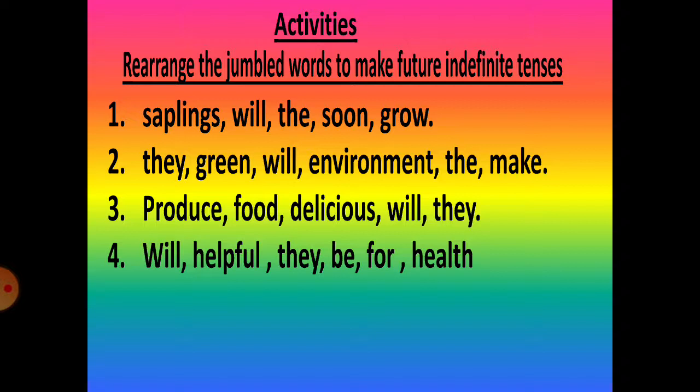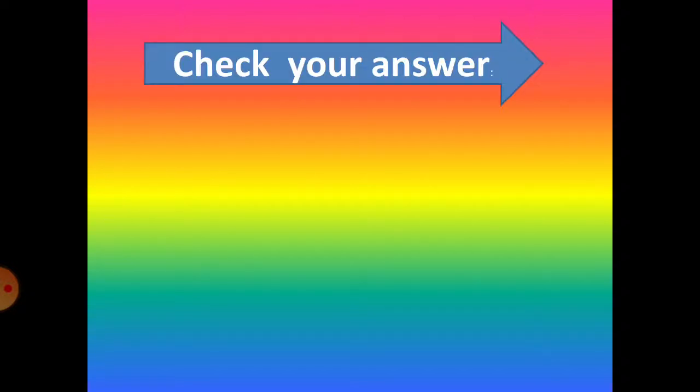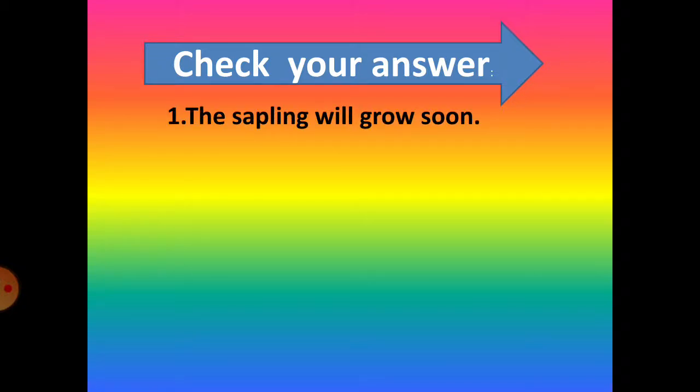Have you done, dear students? Have you or have you not? Let's see. Have you completed the first sentence? The saplings will grow soon. Have you rearranged it correctly? Hope so. And I believe most of you have done it correctly.